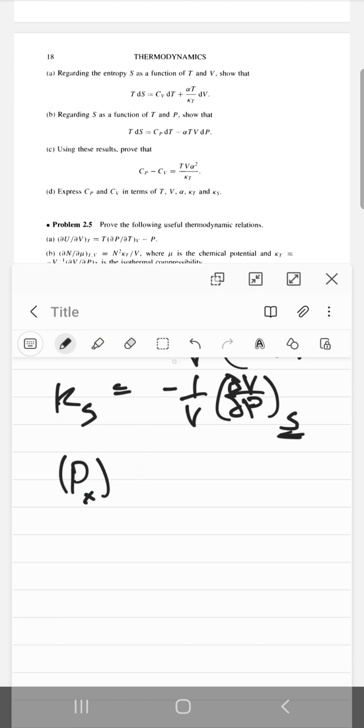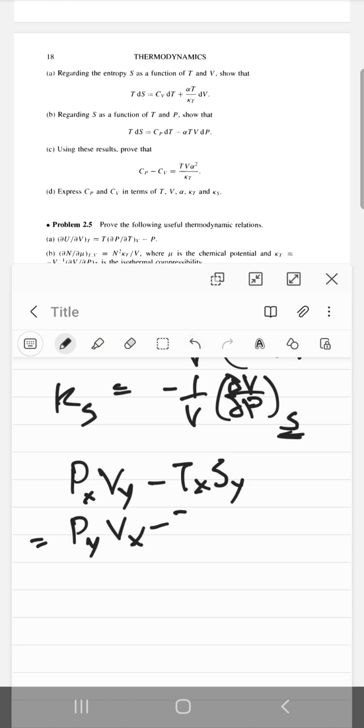So p sub x and p sub y, v sub y minus this term. Alright, and now what we'll do is we'll set x to be equal to p, y equal to s, and just see what happens. So we'll just have v sub s minus t, okay, that's pressure, that's y equal to s, so this is just there.